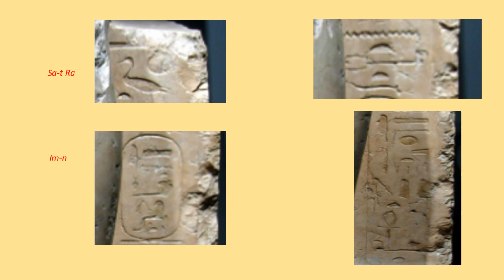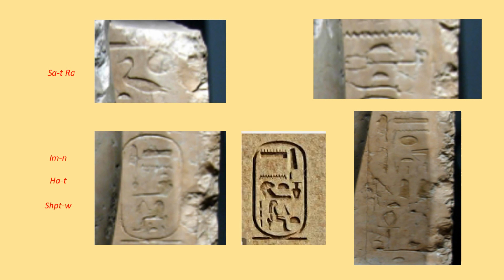Just below that and inside the Shenu, we can see the reed leaf, the men board, and ripple of water, giving us Amen. Just below that, we have the loaf of bread, the water jug, and the forearm of a lion, which is transliterated H-A-T and pronounced hat.